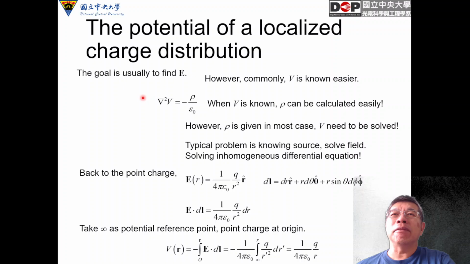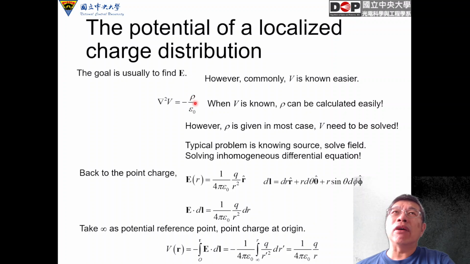So the Poisson equation is something that we would like to solve in general. When the potential is known, the volume charge distribution can be calculated more easily. If we have total knowledge of the potential in space, we will know the charge distribution.